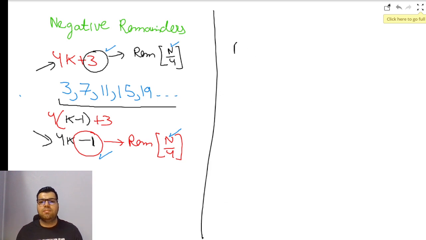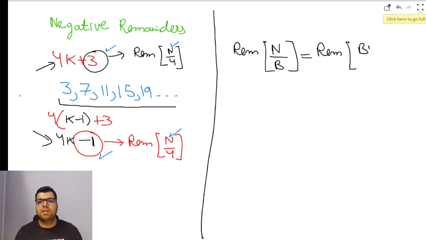So you can say that the remainder of n with, say, b is the same as the remainder of bk plus n with b.